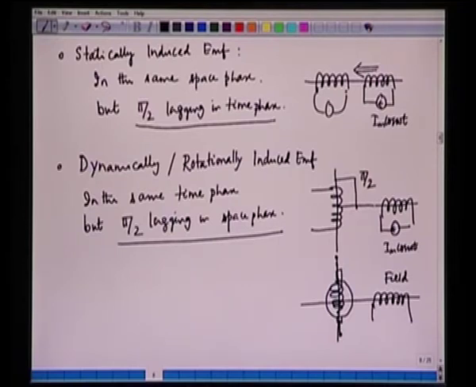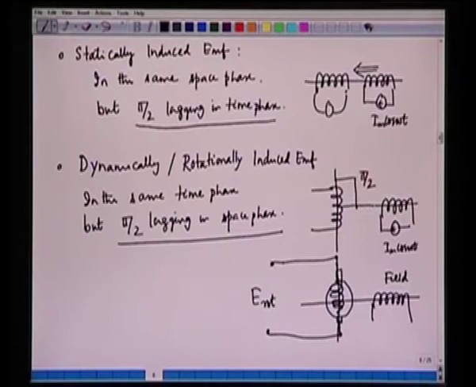So this axis is orthogonal to this axis, and the brush will have the maximum rotationally induced EMF. And that is the induced EMF in a DC machine, and that's the reason why in a DC machine the brush axis and the field axis are orthogonal to each other.